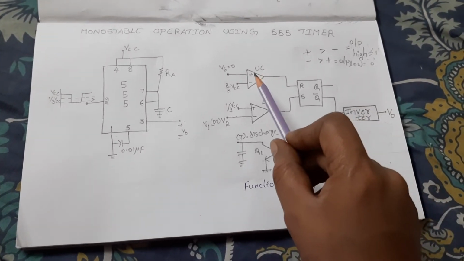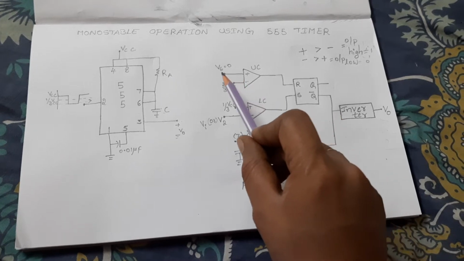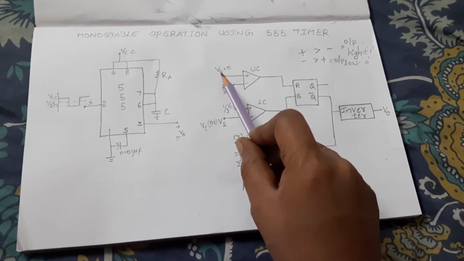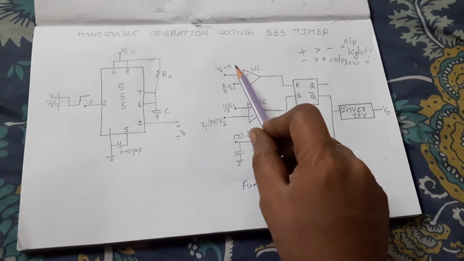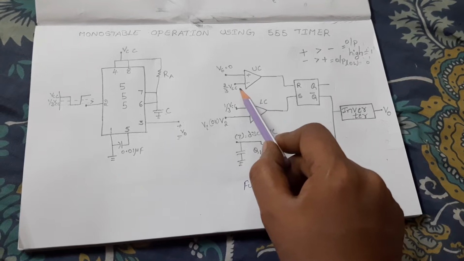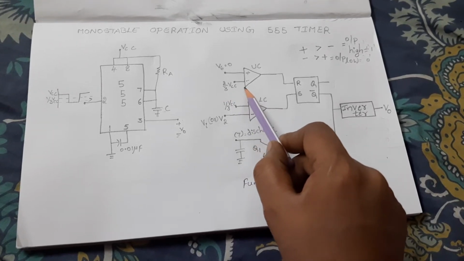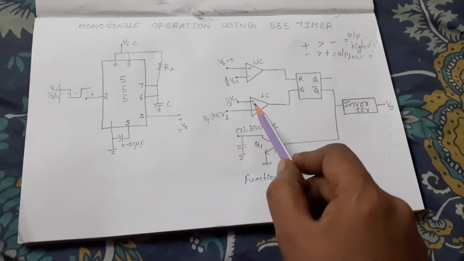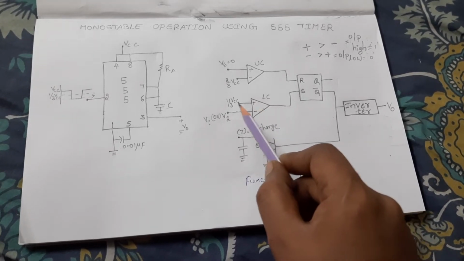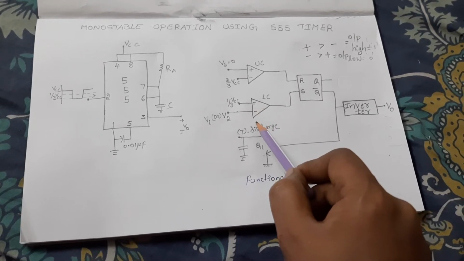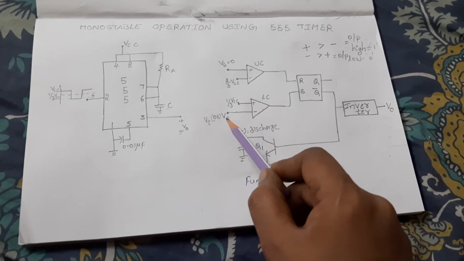For the upper comparator, the positive terminal is connected to V6. V6 means the sixth pin. Presently it is 0, and the negative inverting terminal is connected to 2/3 VCC. Coming to the lower comparator, the positive non-inverting terminal is connected to 1/3 VCC, and the inverting negative terminal is connected to V2.